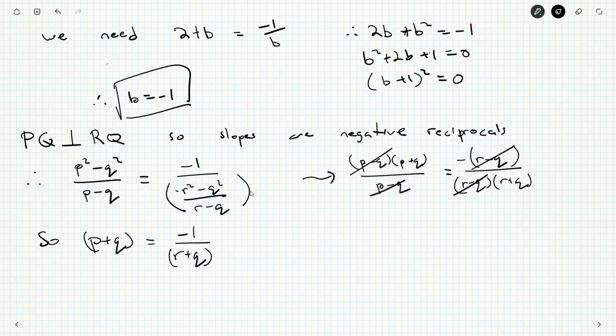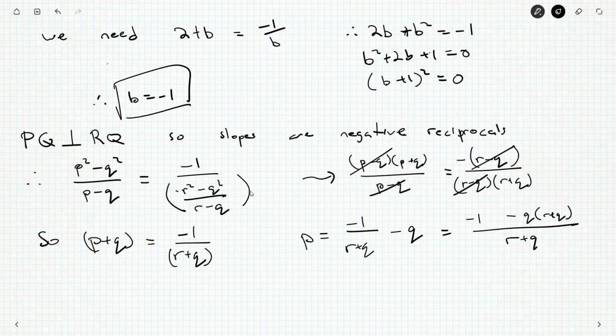If I wanted to solve for Q, I'm a little stuck because it's in 2 places. And if I wanted to solve for R, I'm a little stuck because it's not in the most accessible place. So let's solve for P. P is negative 1 over R plus Q, minus Q. I can change that to negative 1 minus Q times R plus Q, all over R plus Q. So there's P right there.